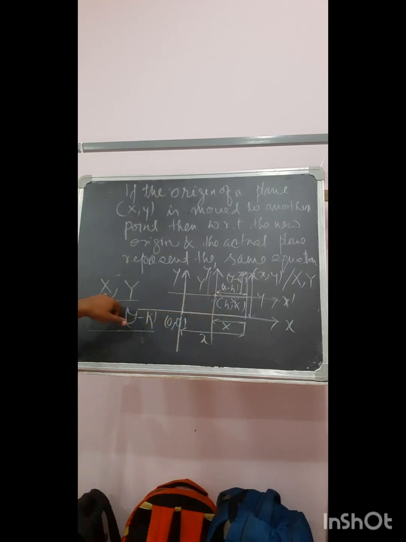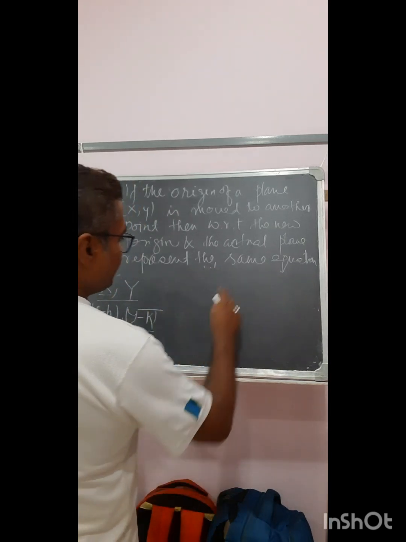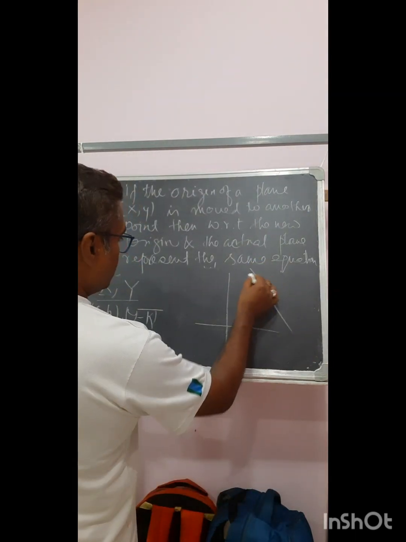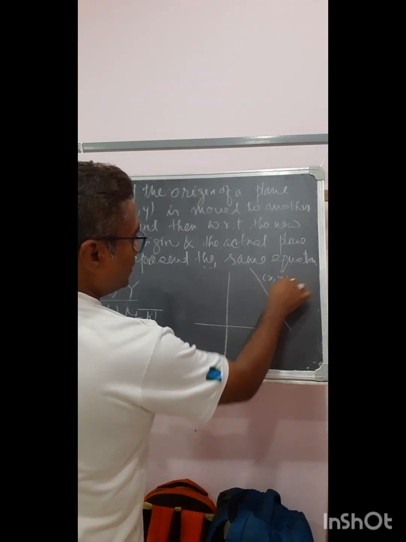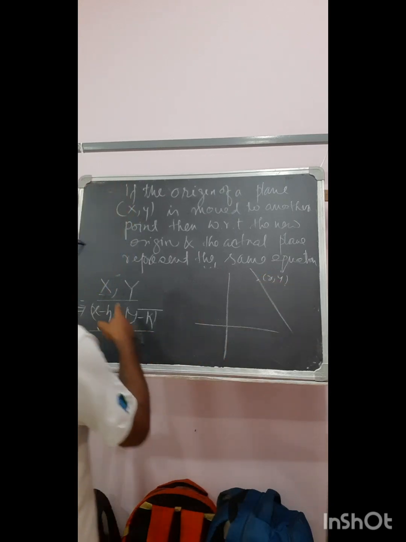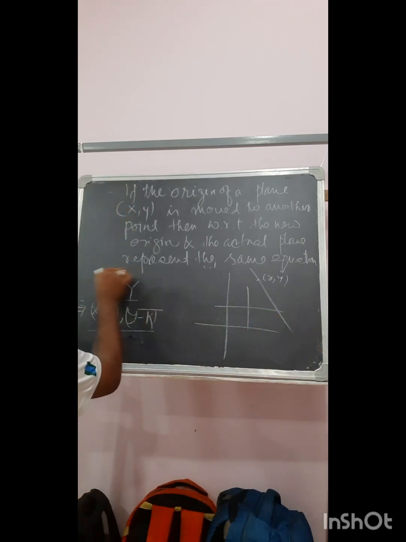So this is the coordinate according to the shifted one, and if it is converted to the actual coordinate, it will be something like that. Okay, so this concept will be applicable on anything. That means, for that line, x and y could be any point on that line. If I can convert x and y with respect to the shifted origin, then any point on it will be represented in a similar way.